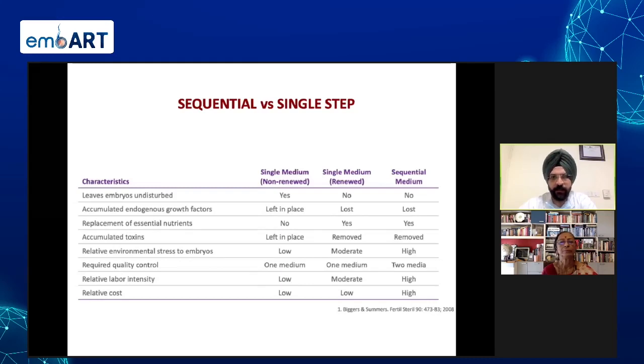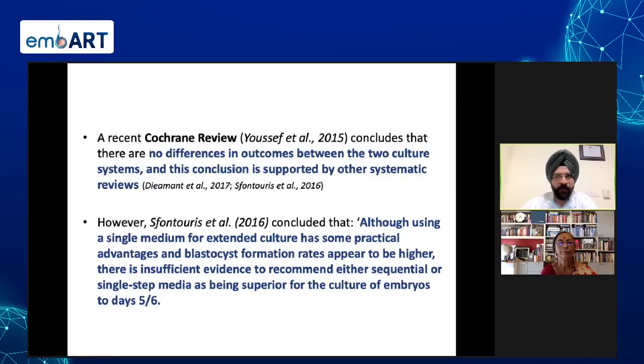If you renew the single-step media, then I don't think there is much difference compared to sequential media, because in both the endogenous growth factors are lost. The toxins are removed. That's a positive thing, and obviously the single-step media requires less quality control as you're handling just one media, so the chances of error are reduced. But that is not very important because that can be taken care of if you work diligently.